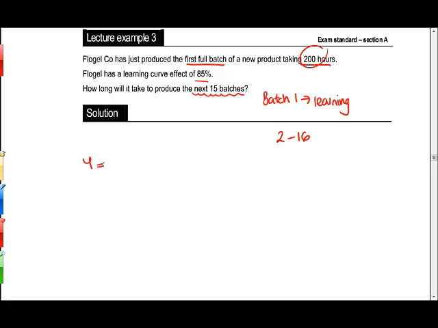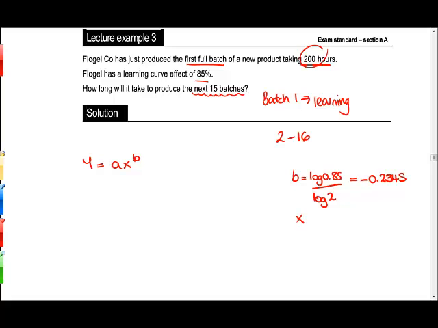So using the formula then, y equals ax to the power b. Well, we've got a learning rate of 85%. So b will be equal to log 0.85 divided by log 2. So the rate of learning will be minus 0.2345.